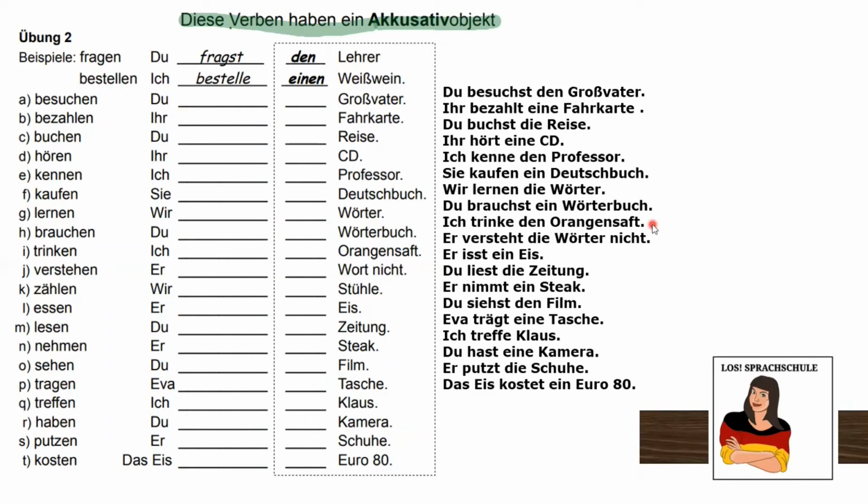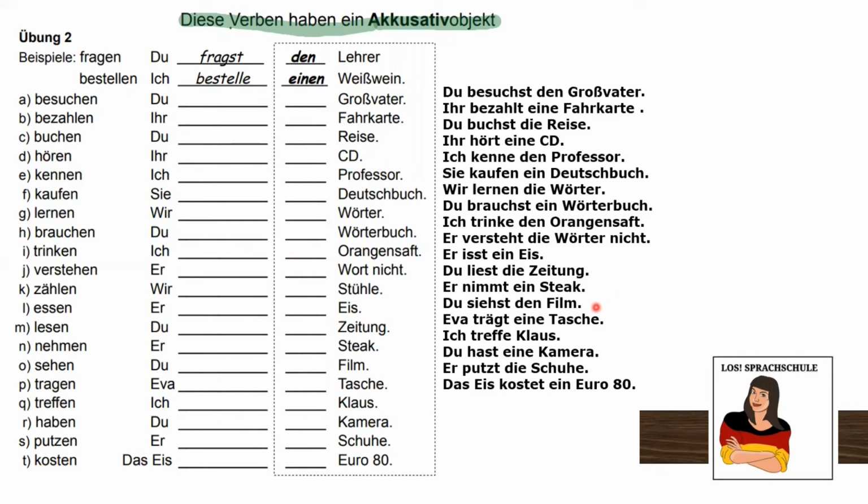Ich trinke den Orangensaft. I drink the orange juice. Er versteht die Wörter nicht. He doesn't understand the words. Er isst ein Eis. He eats an ice cream. Du liest die Zeitung. You read the newspaper. Er nimmt ein Steak. He takes or chooses a steak.